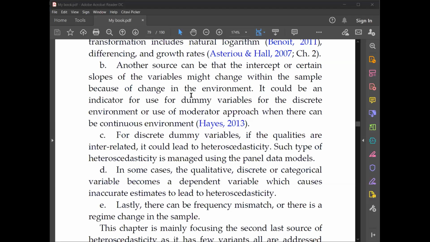If one is there, the other is not there, so they are inverse of each other. So the error term one time will be higher, another time will be lower. This way, whenever you use a dummy variable like this, it will lead to heteroskedasticity.